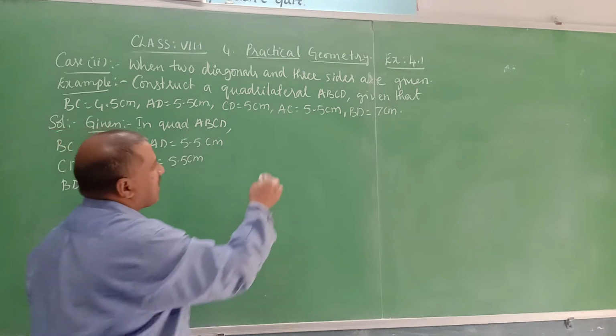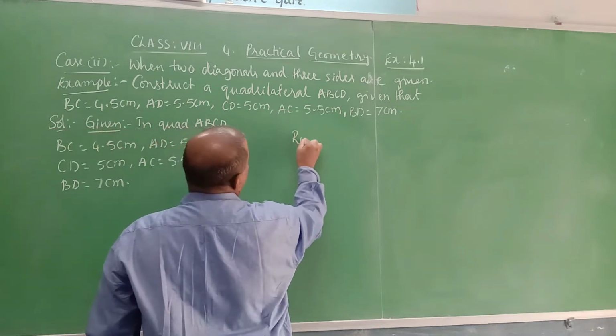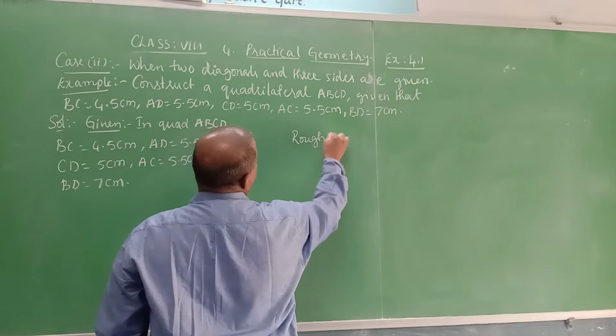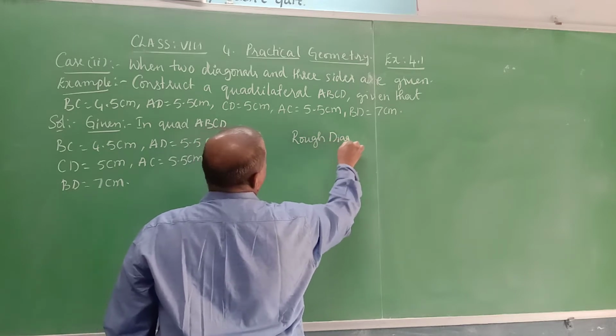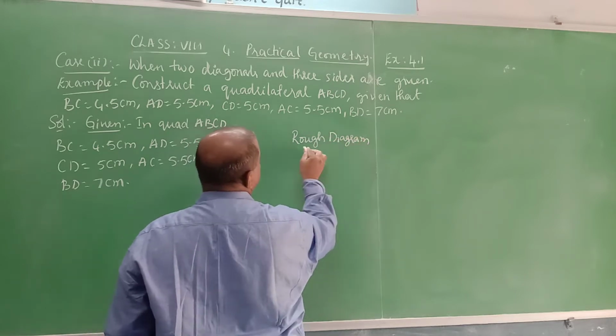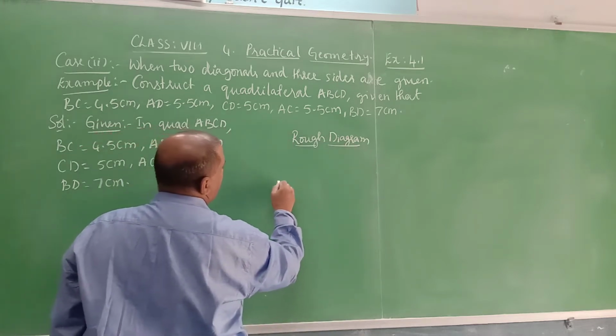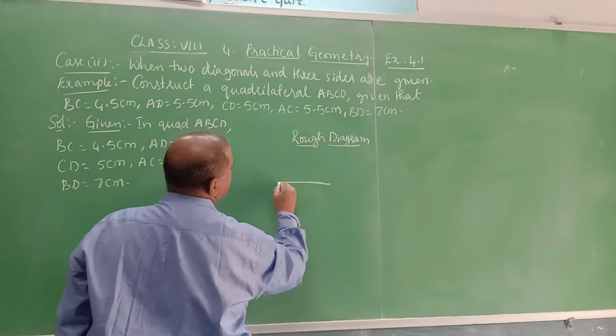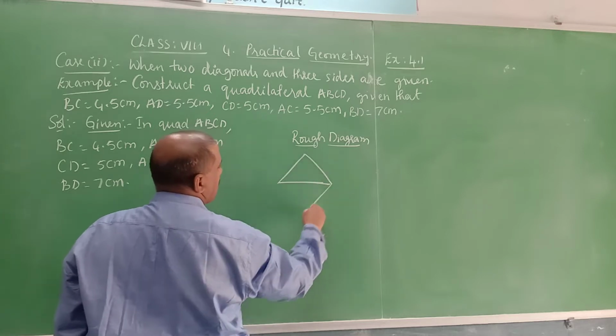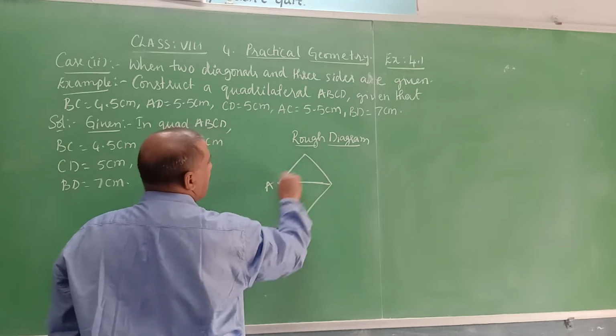Now we require a rough diagram. So draw the rough diagram first. This is quadrilateral ABCD.